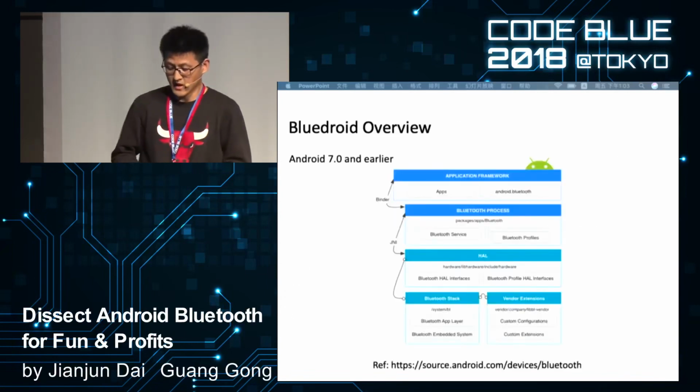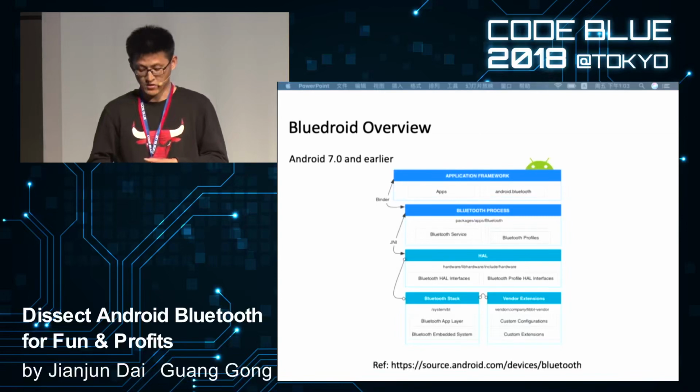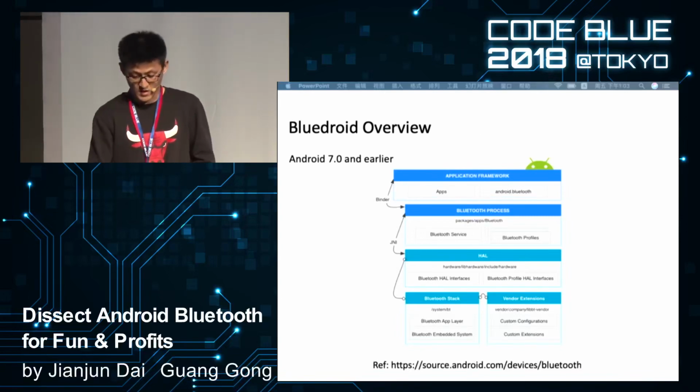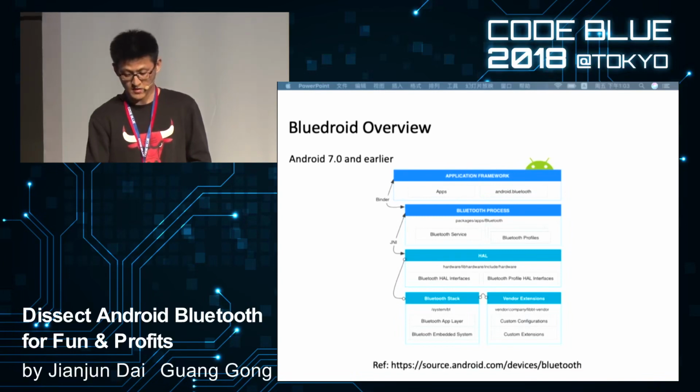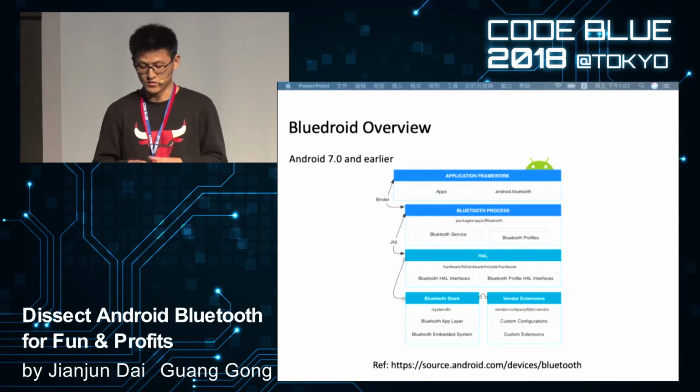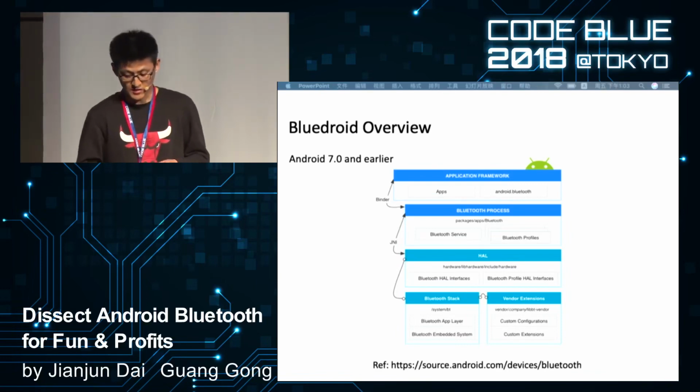Let's take a look at the architecture overview of Bluetooth for Android 7 and earlier. The Bluetooth system service communicates with the Bluetooth stack through JNI and with applications through binder IPC.